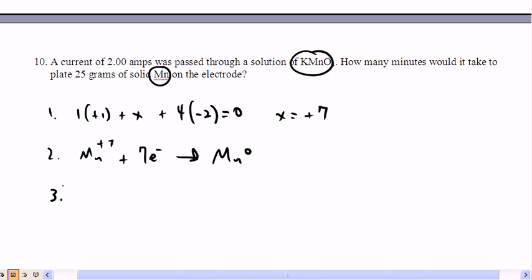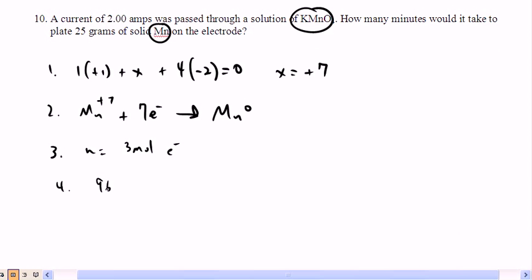In step 3, n equals 7 moles of electrons. Let's set up our factors. We know that Faraday's factor is 96,500 coulombs for every mole of electrons. We know that the current is 2 amps, so 2 coulombs in every second.